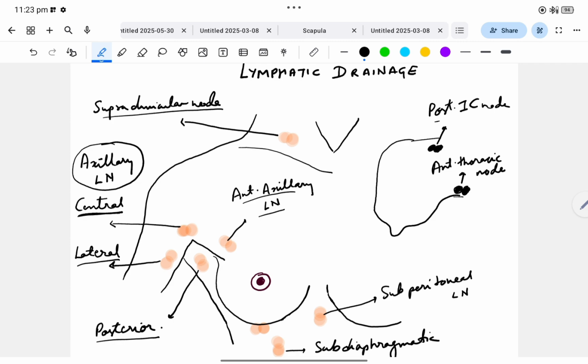Now there are posterior intercostal nodes and anterior thoracic nodes. Anterior thoracic nodes lie along the internal mammary vessel. So here is the internal mammary vessel, here lies the anterior thoracic node. And one node is also there, here at the apex. So it is the apical lymph node.